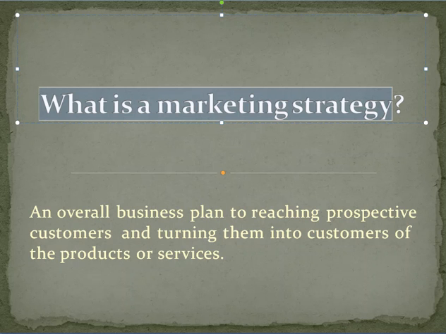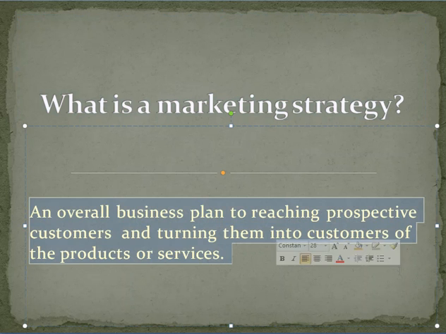I am repeating this definition because it might be asked in the quiz. Marketing strategy is an overall business plan to reaching prospective customers and turning them into customers of the products or services. Okay.